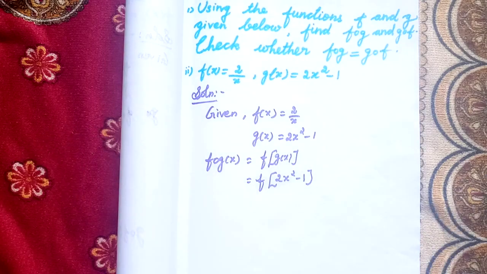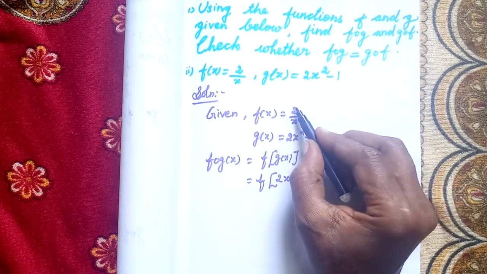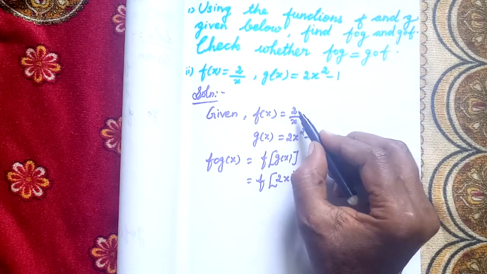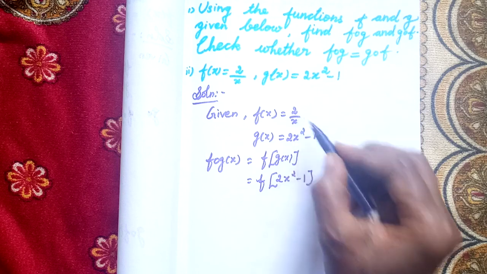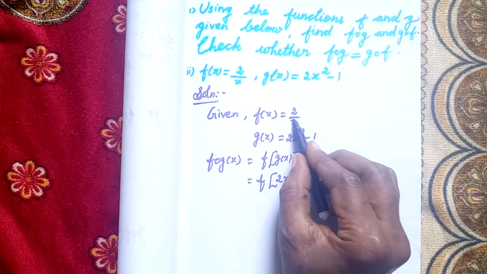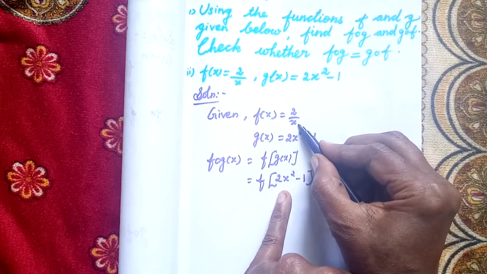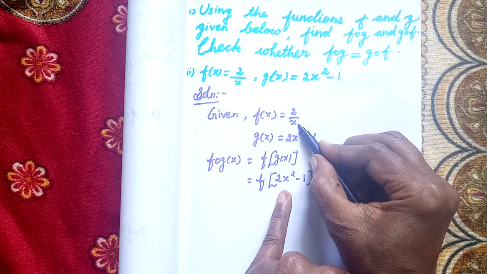Next, now listen carefully. F of x means 2 by x. F of x means what? 2 by x. F of 2x square minus 1 means in this x, in place we have to replace 2x square minus 1. Okay.